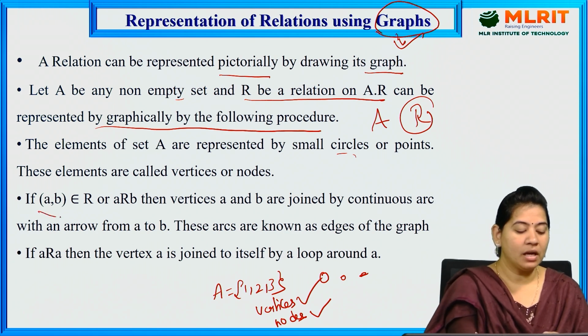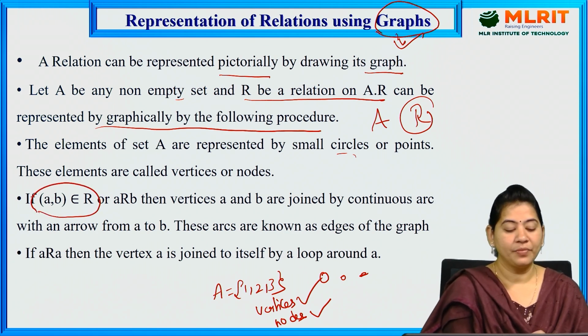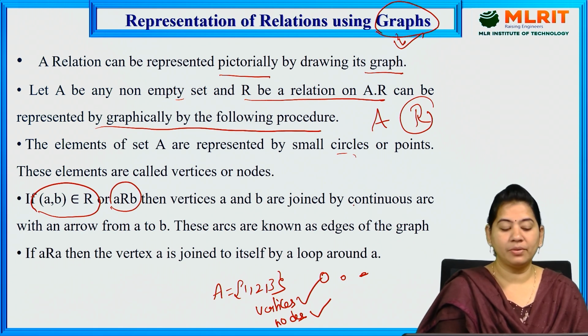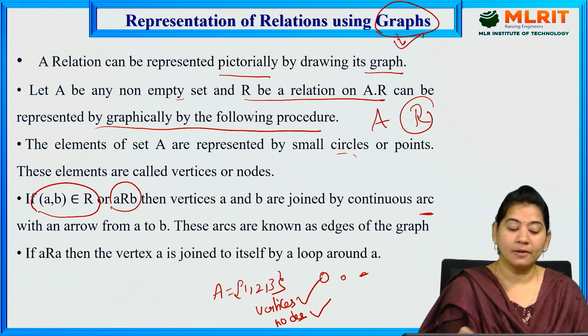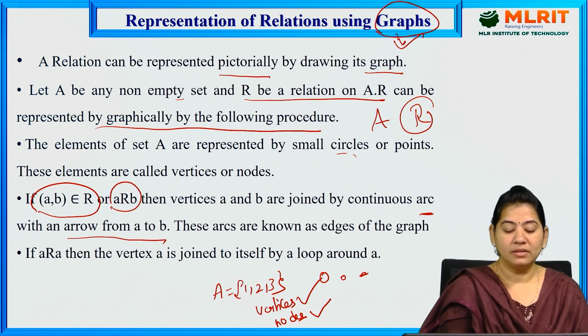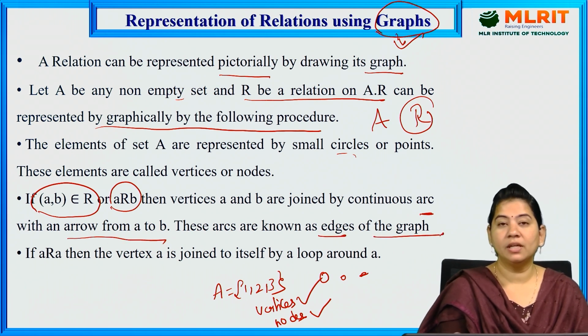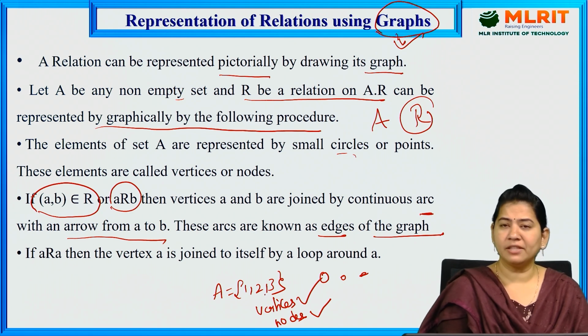So if A comma B belongs to R, or A is in relation to B, then the vertices of A and B are joined by a continuous arc with an arrow from A to B. These arcs are known as edges of the graph. So what is the meaning here? Elements of set A is equal to 1, 2, 3.